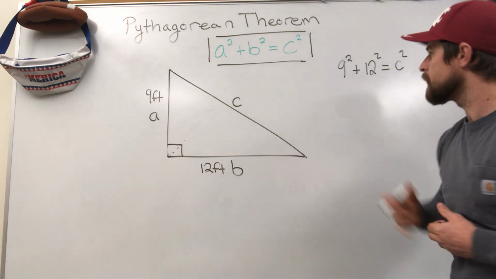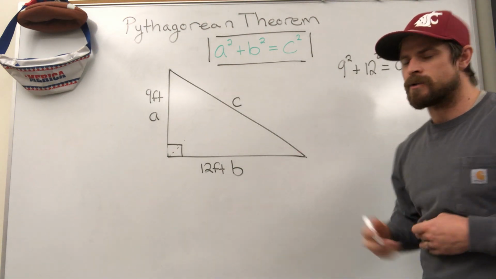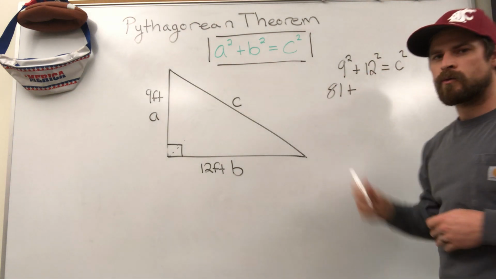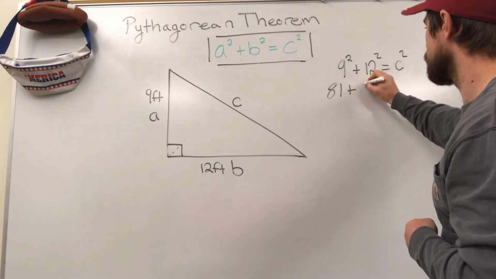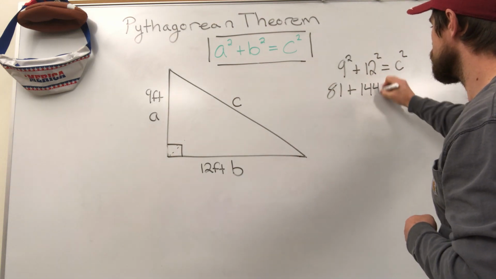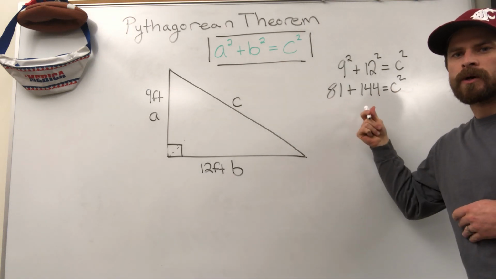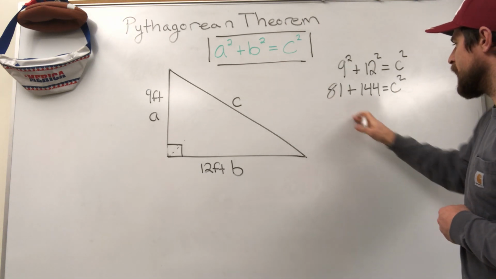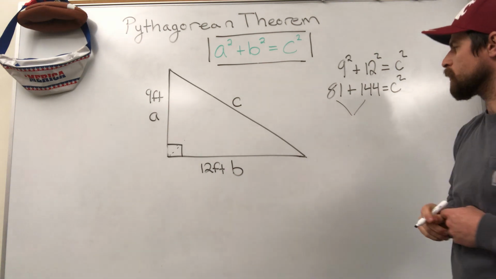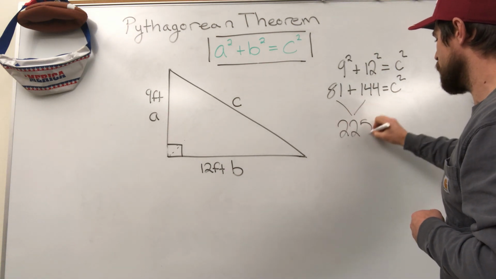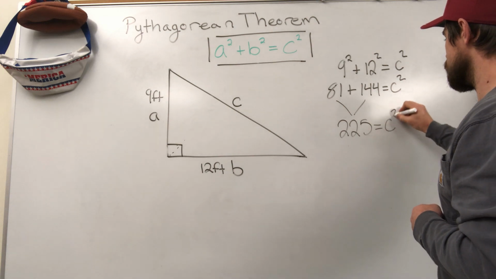Seems simple enough. 9 squared, 9 times 9 equals 81, plus 12 squared, which is 144, equals c squared. Now I'm going to combine my like terms, 81 and 144, for a grand total of 225. It's equal to c squared.